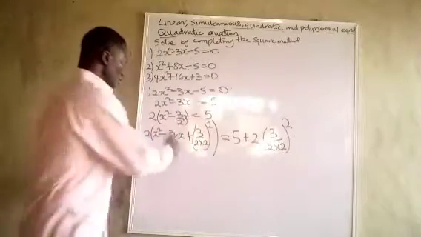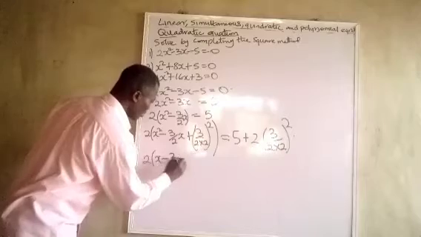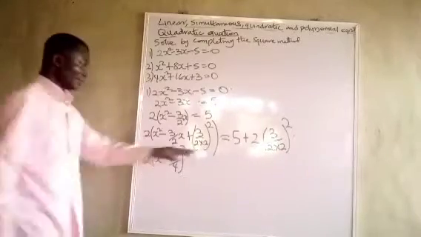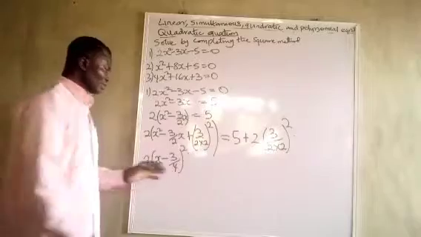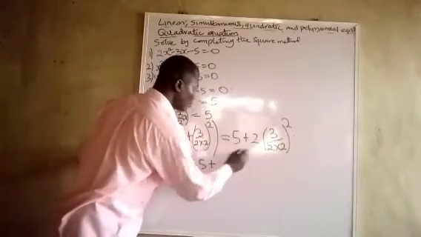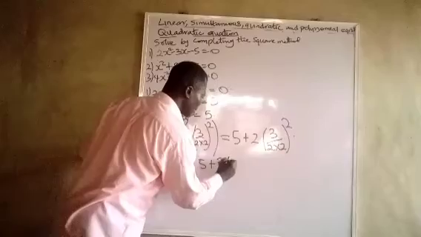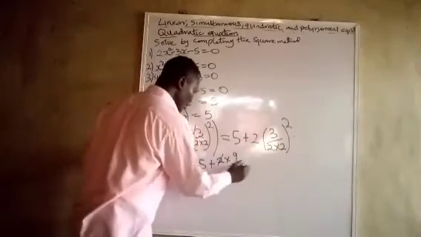Divide through by 2. So with this, I have 2 into (x − 3/4) all squared, where 3 over 4 is half of 3 over 2, equal to 5 plus 2 times 9 over 16. This is 9 over 16, so this is 9 over 8.